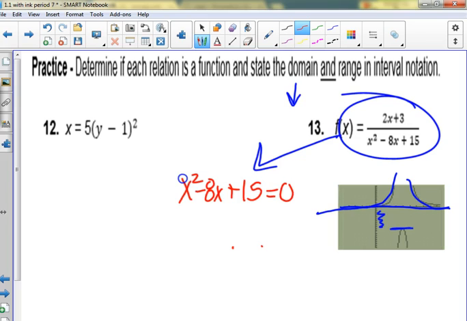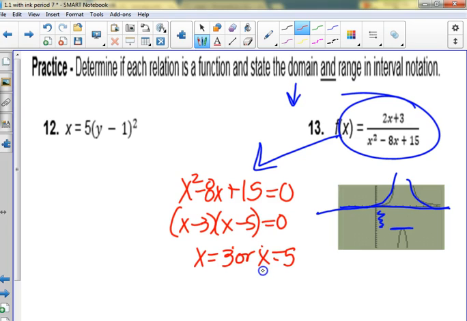What values would make this equal 0? Everybody good? So what we have to say is the domain is all real numbers except x cannot equal 3 or 5.